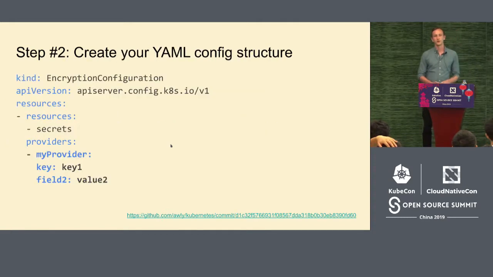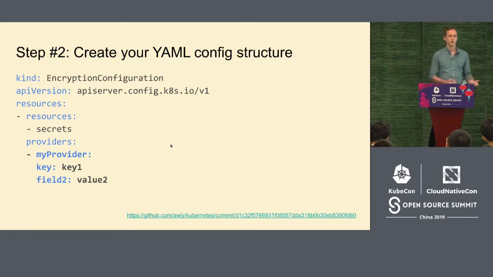Next step, transformers don't really exist in isolation. Usually they need some input. So for encryption transformers, there'll be encryption keys. There might be some other data you might need to provide. All this configuration is passed to kube-apiserver through a YAML file at startup. This file contains an encryption configuration object. And essentially it lists the types of resources that the transformer applies to and the specific transformers.